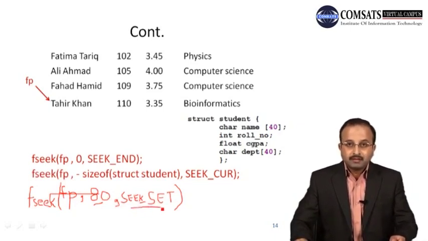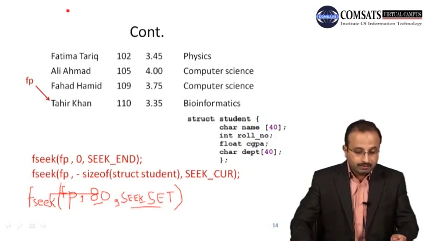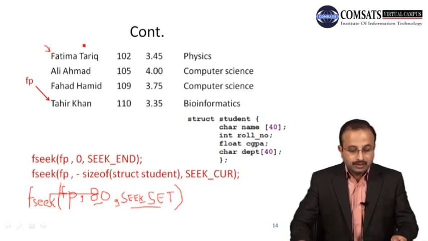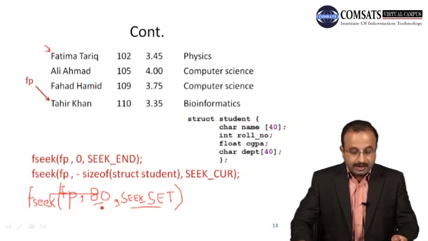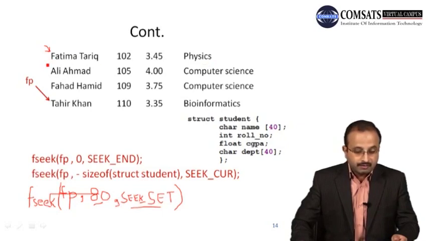Seek set means move the pointer to the beginning of the file, so it moved the pointer to this position, and then it adds 80 bytes. The size of this record is 80 bytes. So when it is added, the file pointer comes over here. Now FP points to this position.